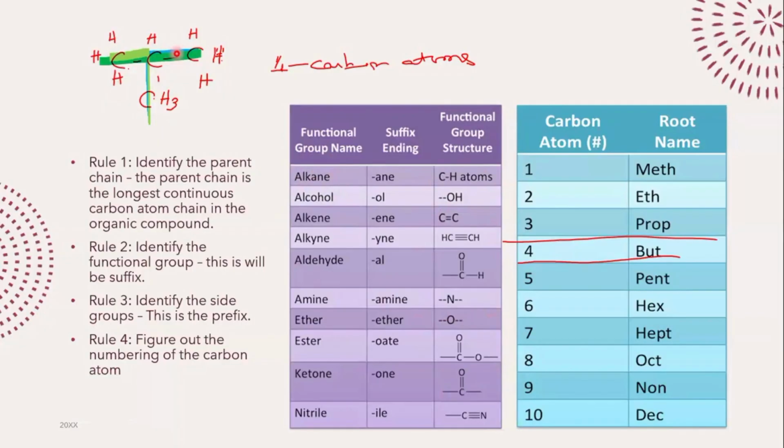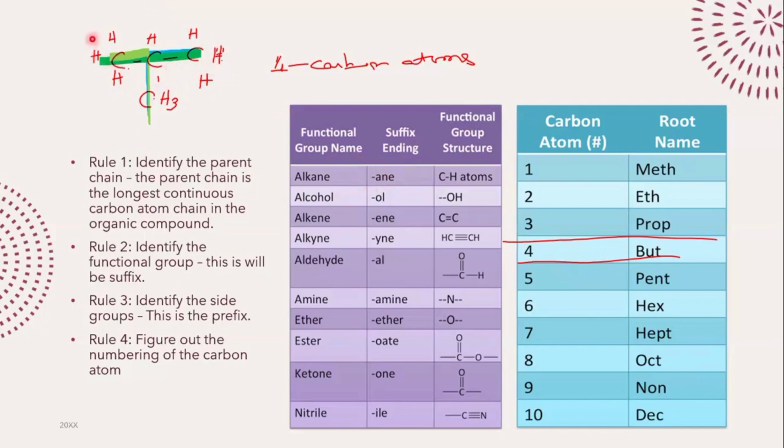So we can have alkanes, in which case the suffix is "ane." If I were to put this compound in front of you and asked you to name it, you would name it propane, right? That's not the full name, but that's part of the name.